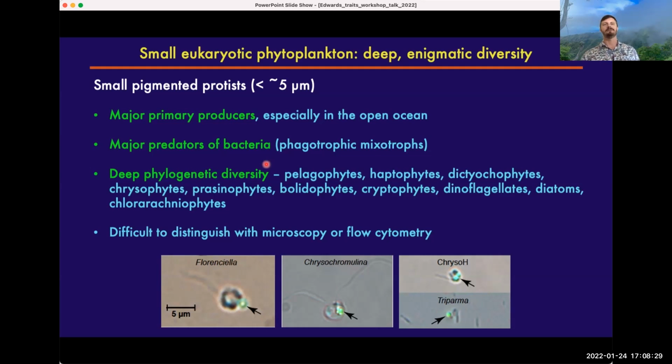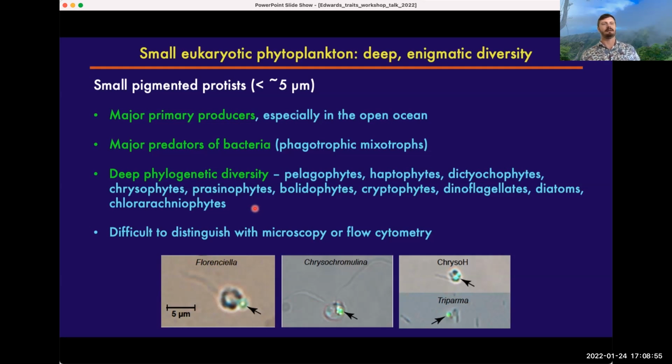Molecular surveys often find all of these different classes and higher taxonomic groups: pelagophytes, haptophytes, dictyocophytes, chrysophytes, prasinophytes, bolidophytes, cryptophytes, dinoflagellates, diatoms, chlorarachniophytes.